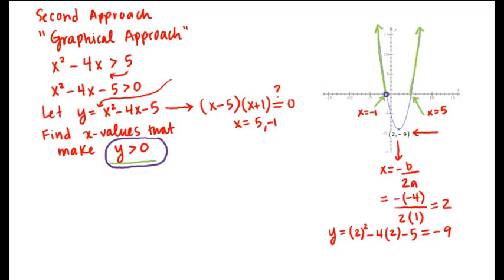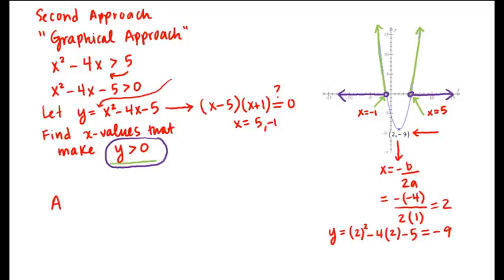Therefore, we need to exclude those values in our answer. So we'll put open circles here on the graph. So as long as x is greater than 5 or less than negative 1, we'll land on these green pieces of the parabola.